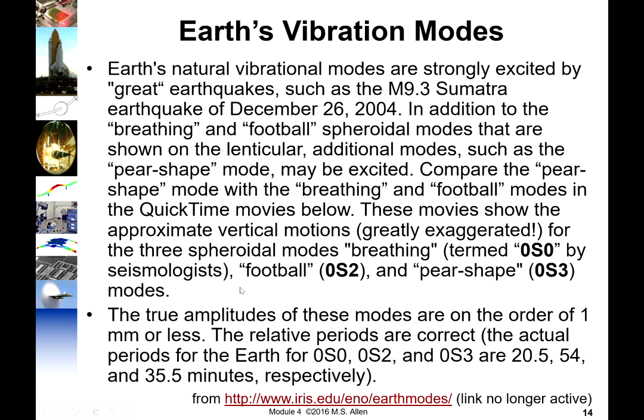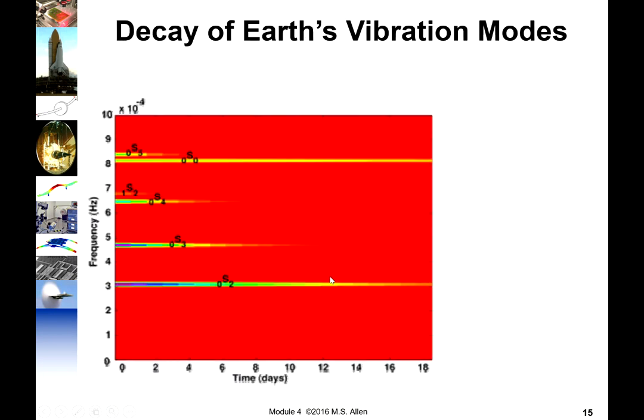You could read the slides later and see the different types of modes, but that football one, OS2, is an important one. And notice, though, vibration that's excited can still be measured many, many days later. And so an earthquake that happens in Japan, we can pick up measurements and triangulate it all over the earth. And we'll see the earth ringing for many days later.